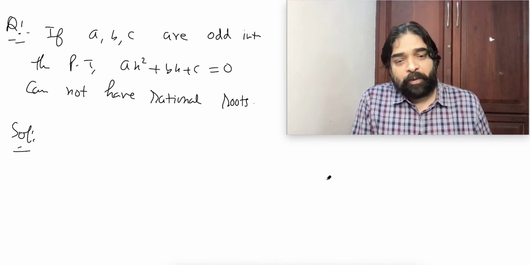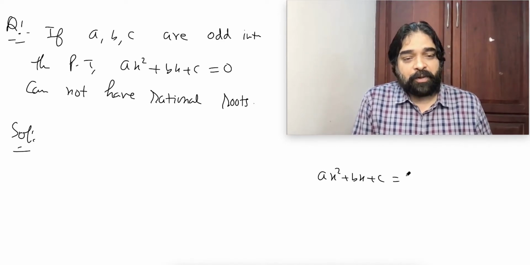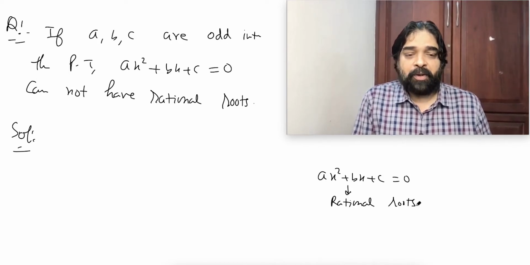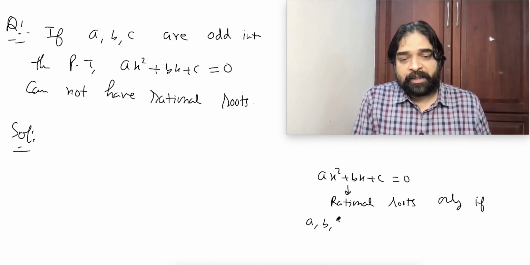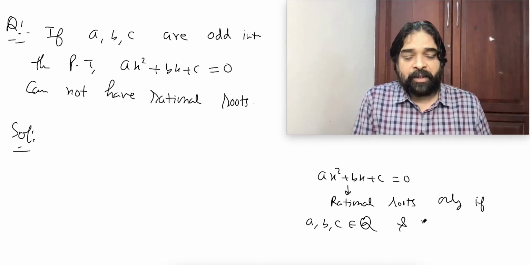But otherwise, any quadratic equation ax square plus bx plus c equal to 0 will have rational roots only if a, b, c are rational (Q is the symbol of rational) and D is a perfect square.